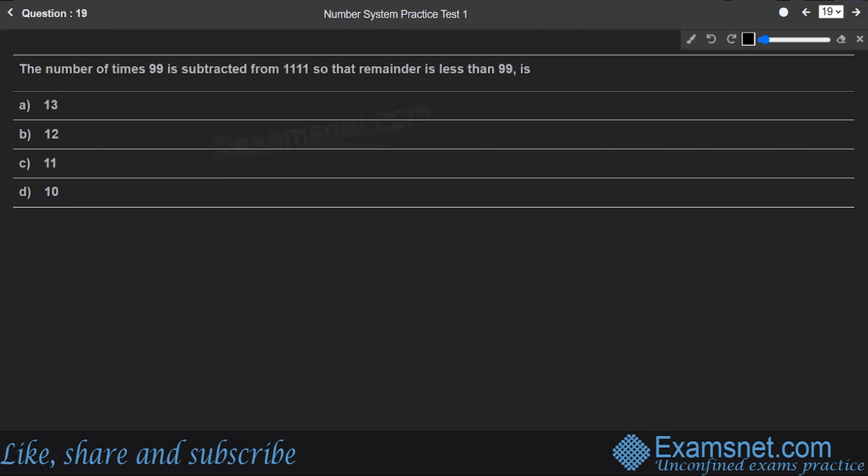Then it says: the number of times 99 is subtracted from 1111 so that the remainder is less than 99. We can again use the remainder theorem, which says the dividend is always quotient into divisor plus remainder.